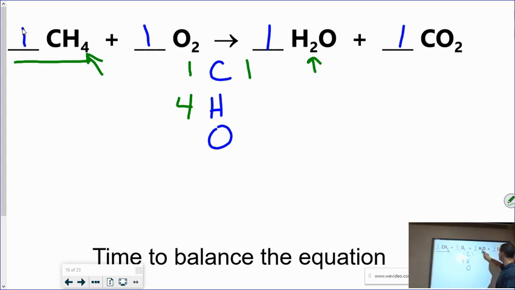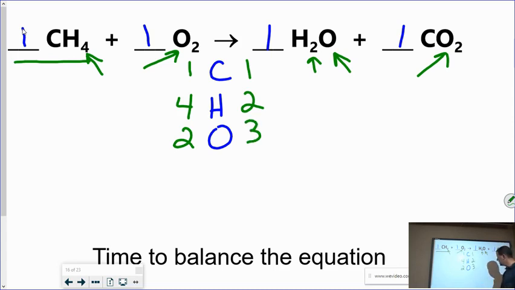Well, I have 1 in front, so that means I have 1 H2O, so I have 2 H's on that side. How many oxygens do I have? I have 1 O2, so that's 2 O's. And on this other side, I have 1 O right there, and 2 O's right there. So I have 3 O's on this side.